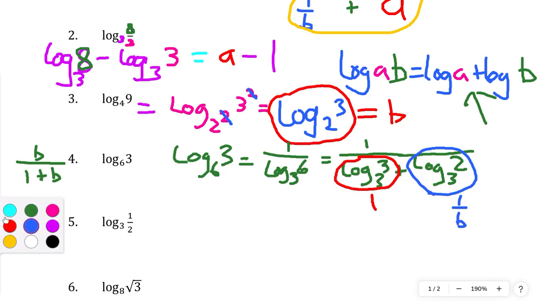Okay, so let's rewrite this nice and neatly so that we can actually make sense of this. So this is 1 over 1 plus 1 over b.